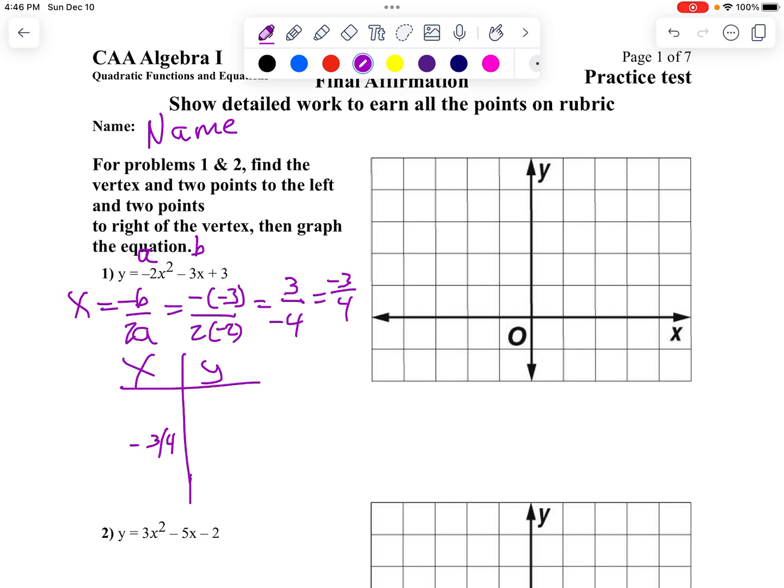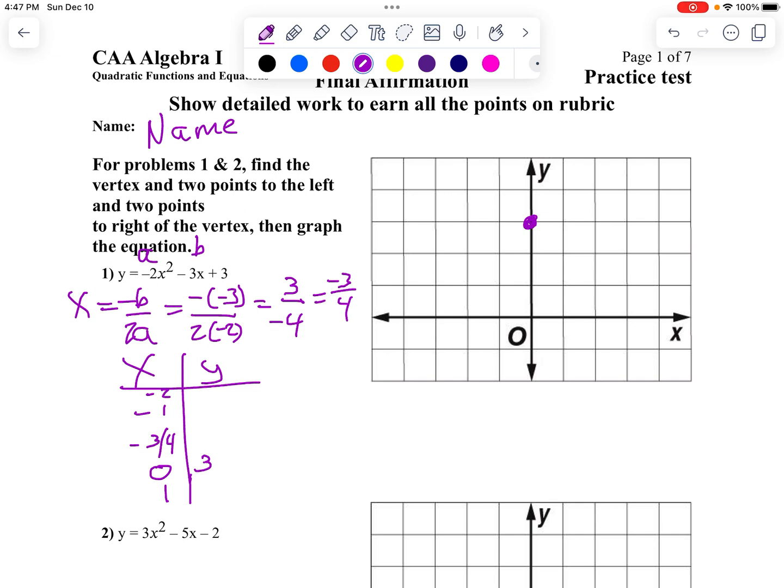If I go to the right of negative 3/4 on the number line, my first whole numbers would be 0 and 1. I can definitely see my y-intercept is 3. So I can grab 0, 1, 2, 3. And then to the left of negative 3/4, I'll go negative 1 and negative 2. I think I'll make a table.